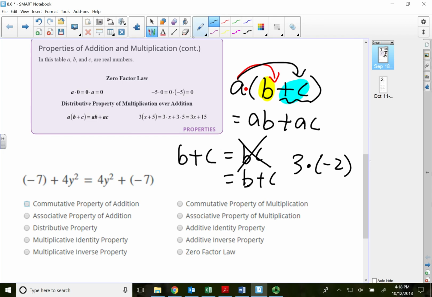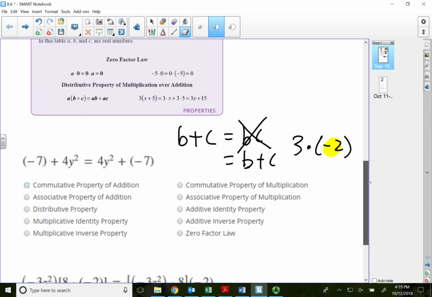If you really think about it, there's only one term inside this parenthesis. With distributive property, I now have more than one term in the parenthesis, and our job is to bring them to the outside of the parenthesis. We'll do a lot of these in the next section, 8.7.